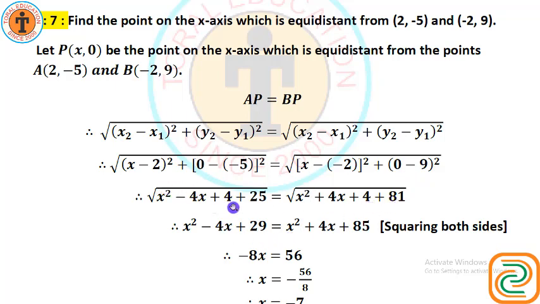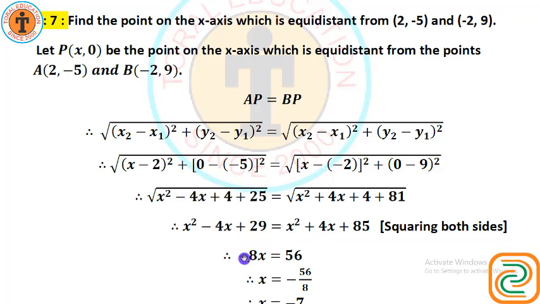Now squaring on both sides, we have to remove the square root. Removed the square root from this. 4 plus 25, that is 29, and 4 plus 81, that is 85. X square cancels off. Okay, and minus 4x, this one is plus 4x, so it becomes minus.